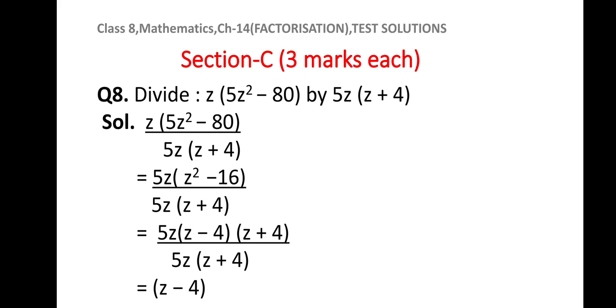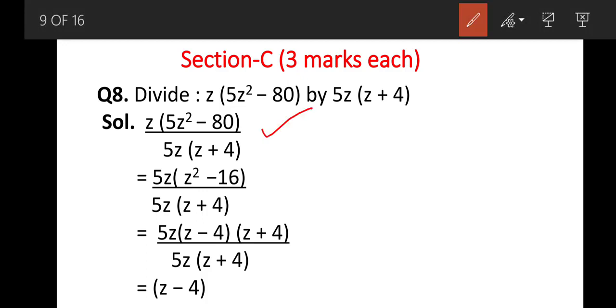Now coming to section C, it consists of 3 marks questions. Question number 8 is, we need to divide 5z square minus 80 by 5z plus 4. So I have written it like this as I need to divide. So we need to factorize 5z square minus 80.